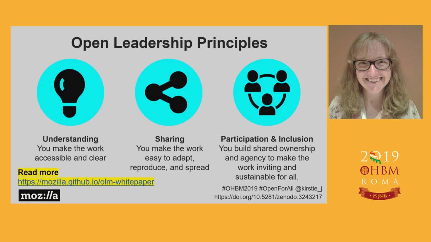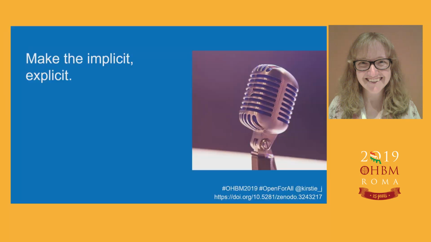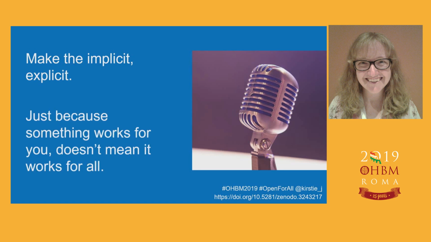And the rest of my talk is going to really focus on this goal of designing for other people to come in and have shared decision-making and ownership over your work from the very beginning. And my top tip for this is to make the implicit explicit. So I have a picture of a microphone on here. This is one of my big jams: just because something works for you doesn't mean that it works for everyone.